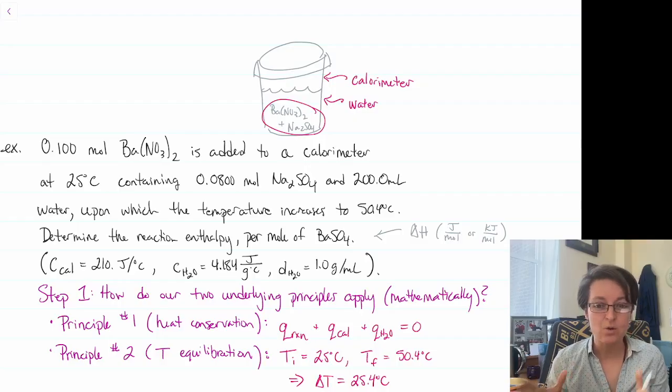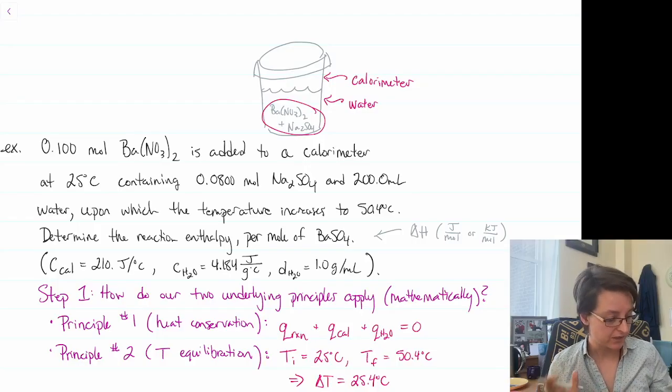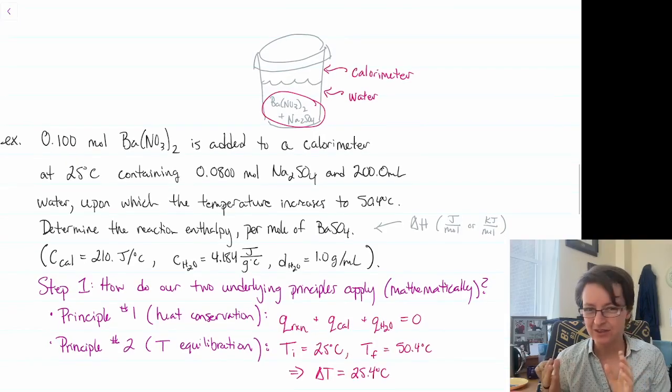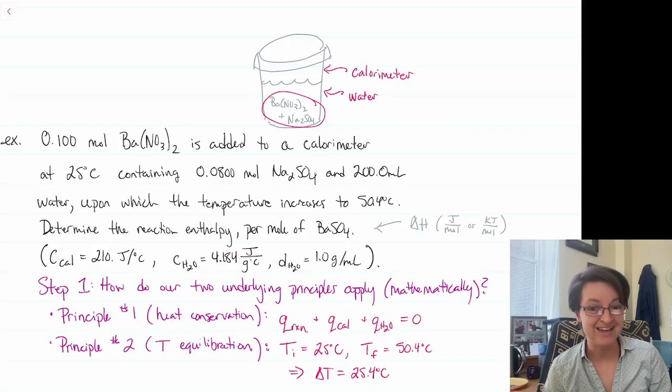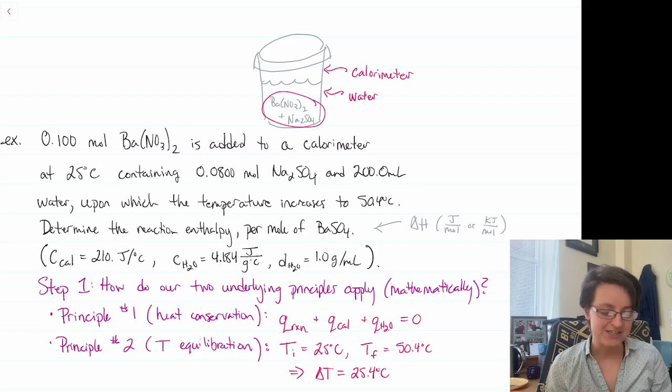And since the whole system is in contact, that means that everything also has the same final temperature. And so for this problem, unlike the last one, since everything starts at the same initial temperature and ends at the same final temperature, I can combine that information together right away and say that anytime I see a delta T for this particular problem, it's just T final minus T initial, which if you plug in the math, happens to be 25.4 degrees Celsius.